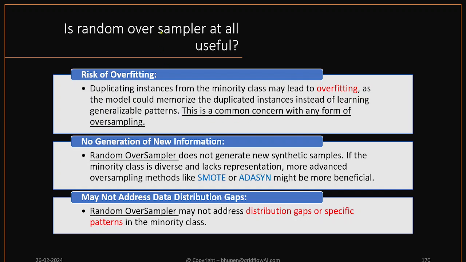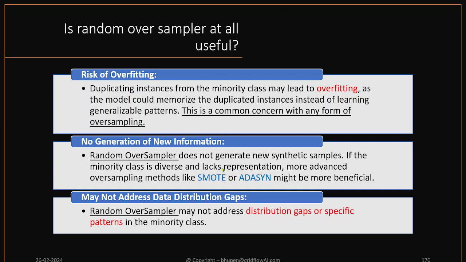In fact, any of the oversampling techniques that we talk about, even the advanced ones, have the risk of overfitting. So random oversampler does not generate new information because it's simply copying the existing minority data, maybe replicating a few more times, and then making the number of samples in the minority the same as in the majority. So that doesn't mean any generation of new information.